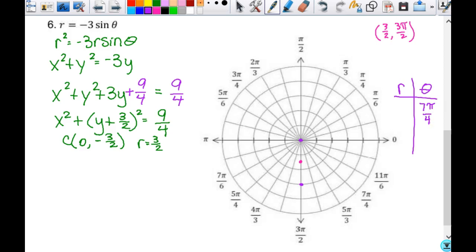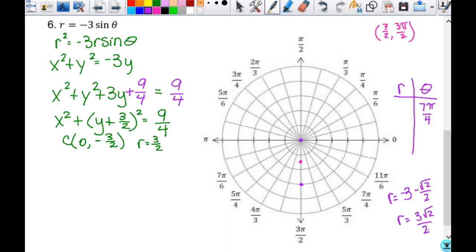So when I substitute that in and I get r equals -3, well, pi, what's the sine of pi fourths? Square root of 2 over 2. And then in the fourth quadrant here, it would actually be negative square root of 2 over 2, right? Which means my radius would be 3 square root of 2 over 2.